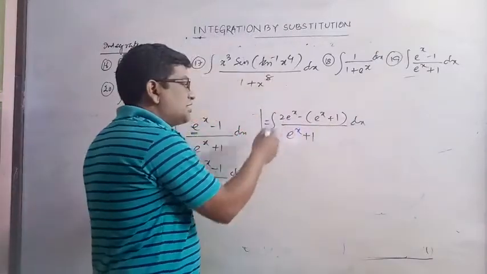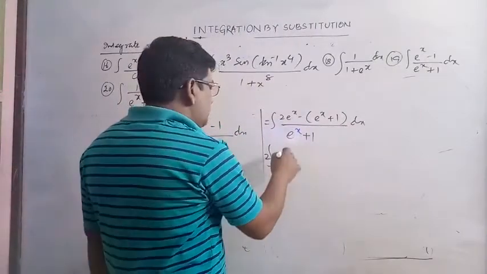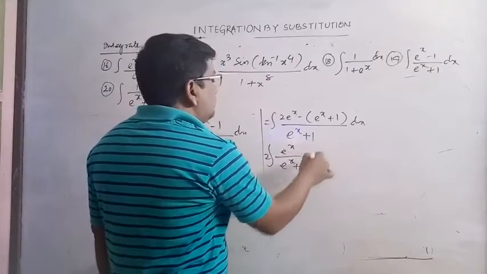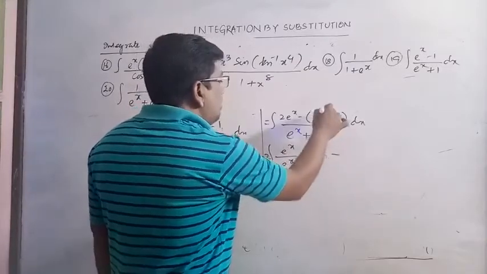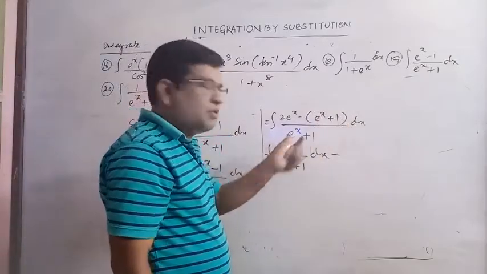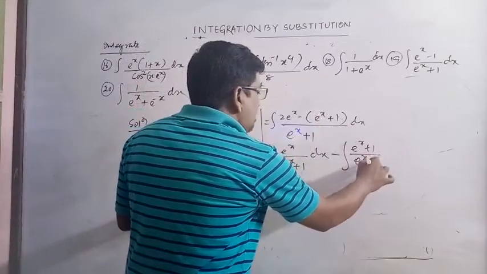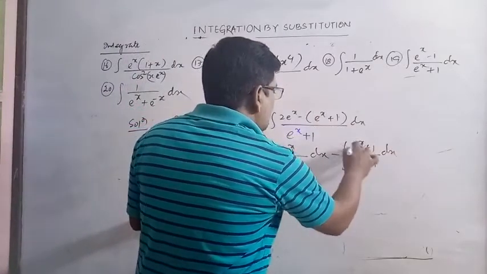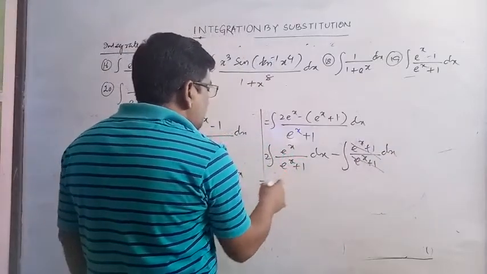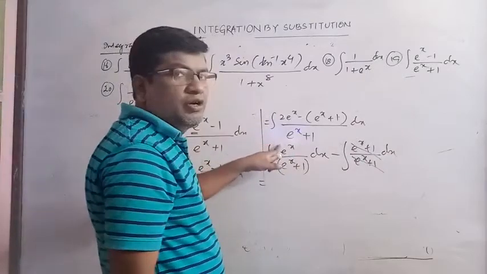Then separate: take the 2 common, e to the x by e to the x plus 1 dx, minus (e to the x plus 1) divided by (e to the x plus 1) dx. So this cancels. The derivative of e to the x plus 1 is e to the x.